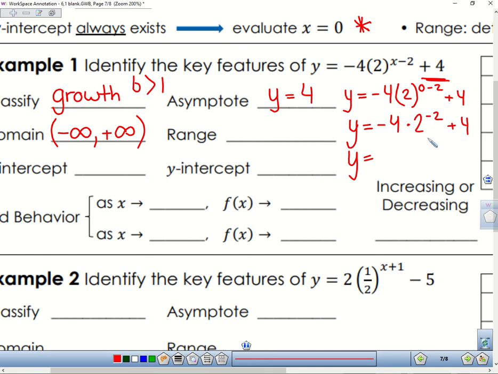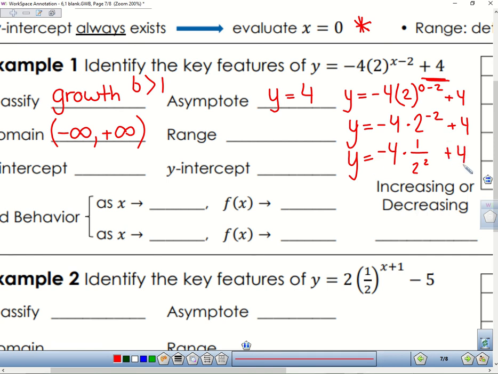Anybody know what happens when you have a negative exponent? You bring it to the bottom, the denominator, right? So it becomes negative 4 times 1 over 2 to the second, and it makes it positive. Do you guys remember that with exponents? To make an exponent positive, you bring it to the denominator.